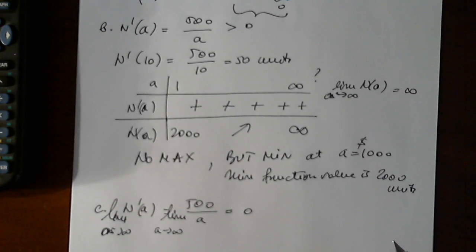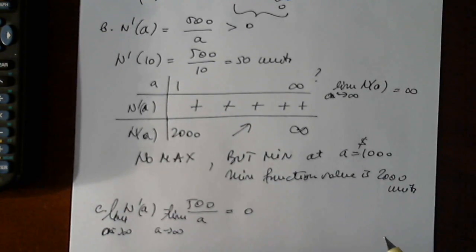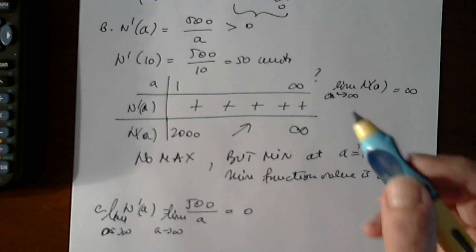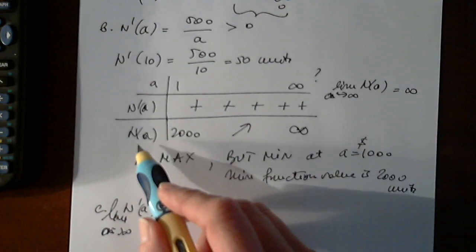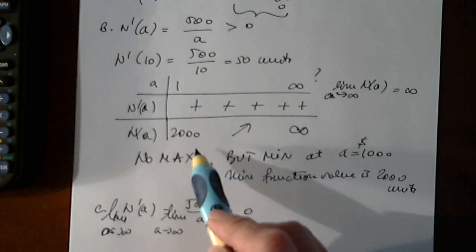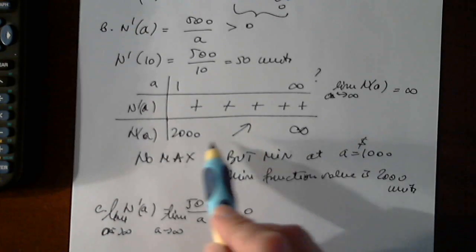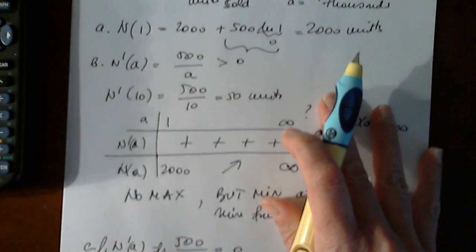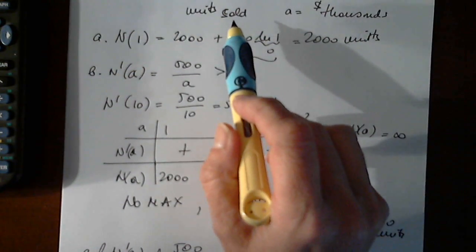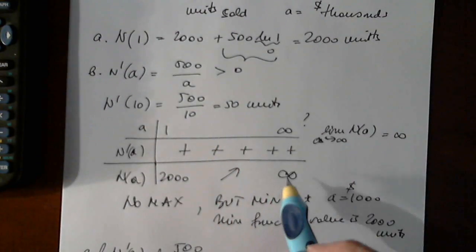Discuss whether it makes sense to continue to spend more and more dollars on advertising. So the more money we spend on advertising, the number of units sold is increasing.